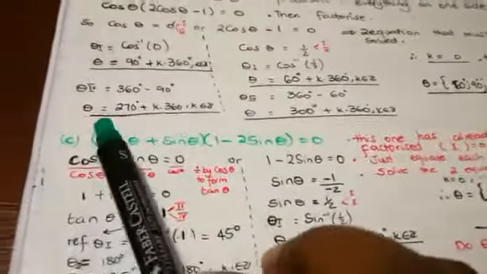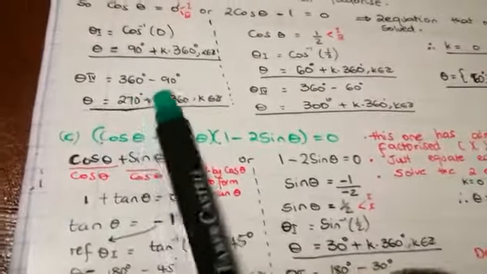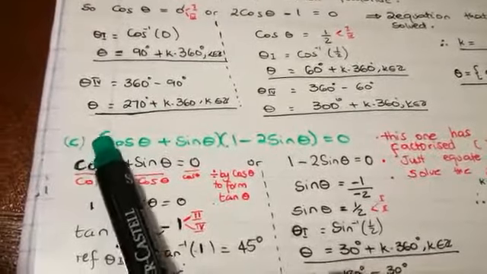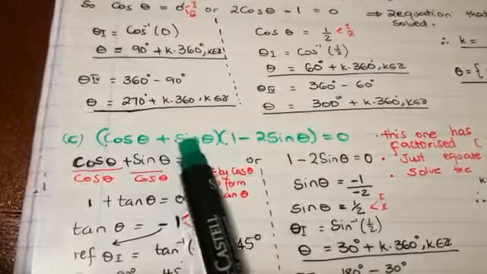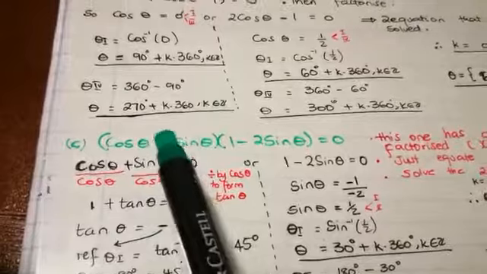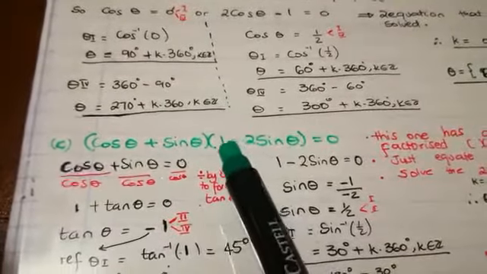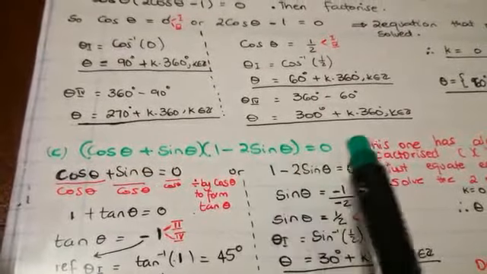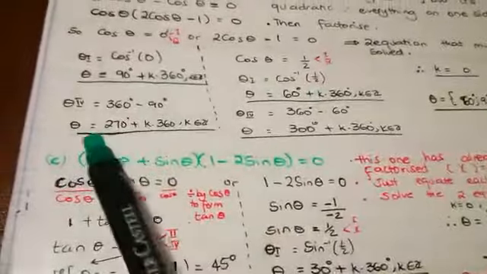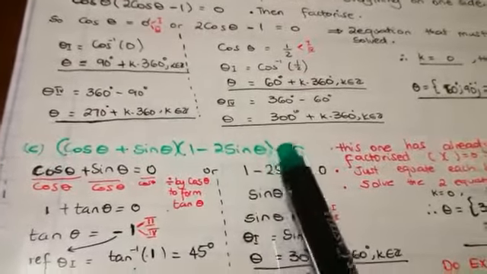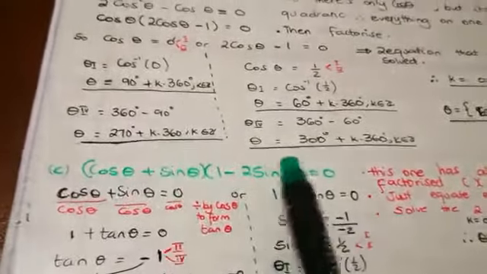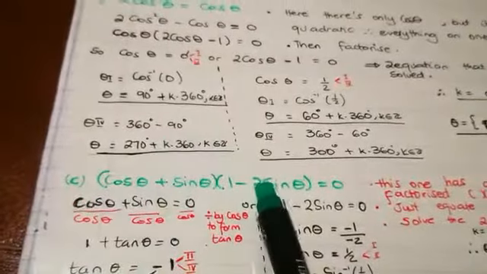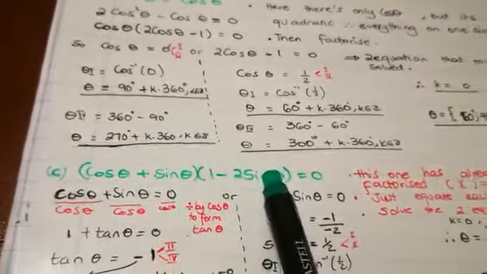Then the last example reads cos theta plus sine theta, multiplied by 1 minus 2 sine theta, equals 0. If you check here, this already sits inside brackets, so it has already been factorized. Do not FOIL because it has already been factorized for you.